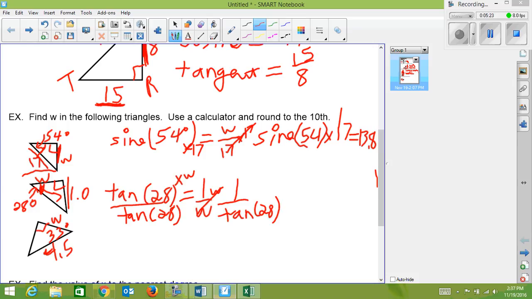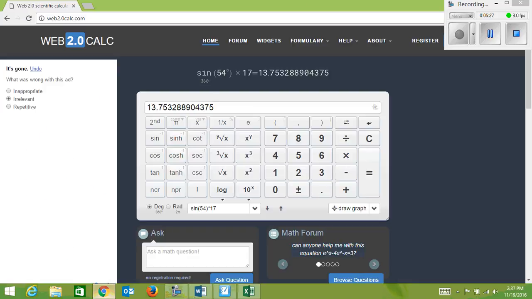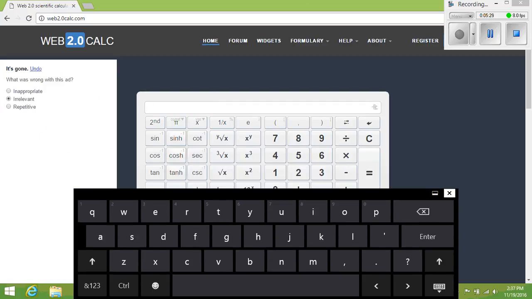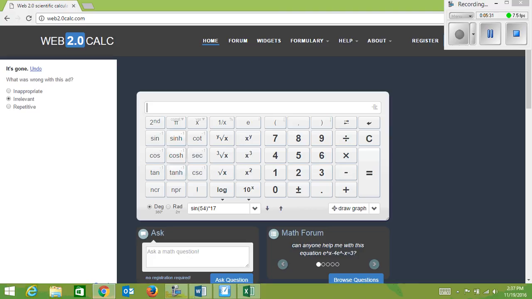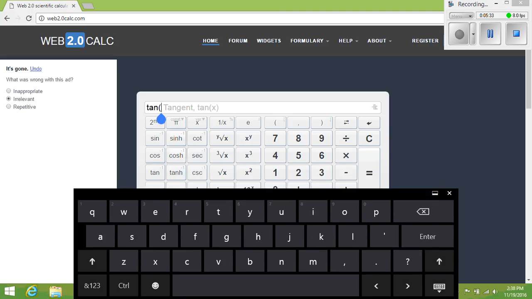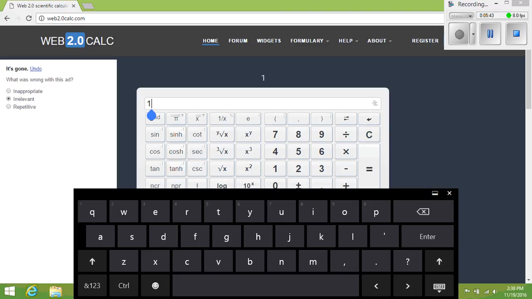So if I flip back to my calculator, when I plug this in, I'm going to click the tangent button, my degrees, which is 28 degrees. I'm going to close my parentheses. Oops, I need to start with my 1.